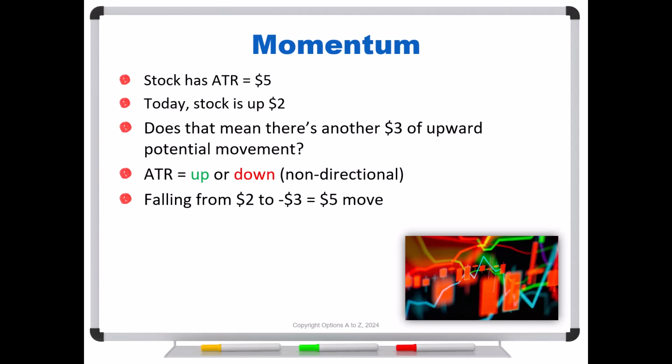And so just because you see that a stock's average move is $5, we have to remember that also includes -$5. So try to get away from the freebies out there in the market, the easy ways of making money by just looking at a calculation like this. They can be great tools, but they are not crystal balls.